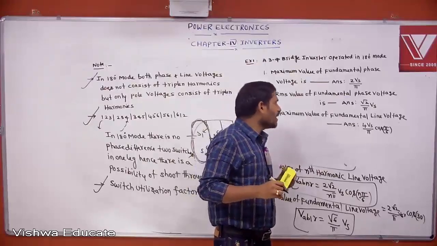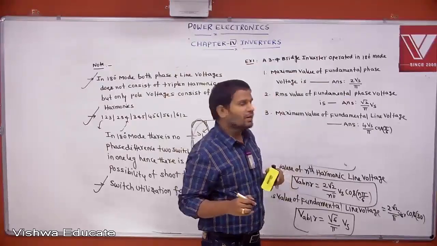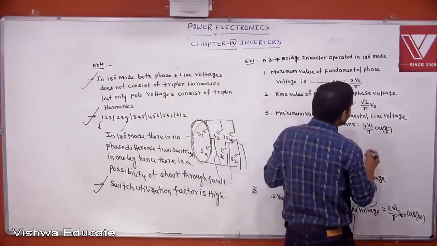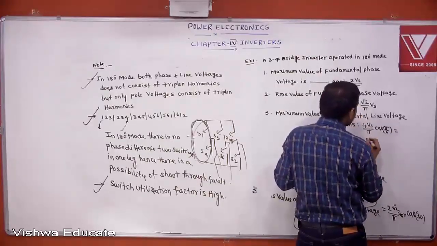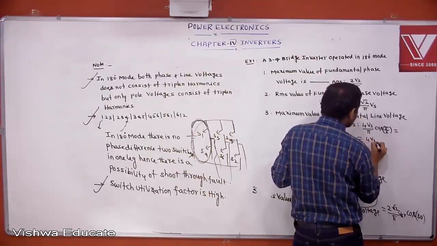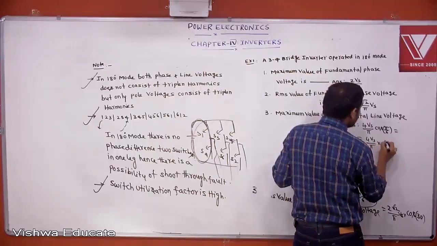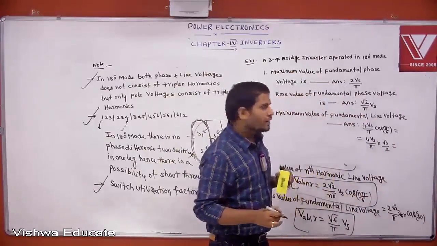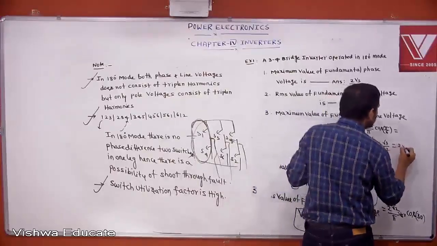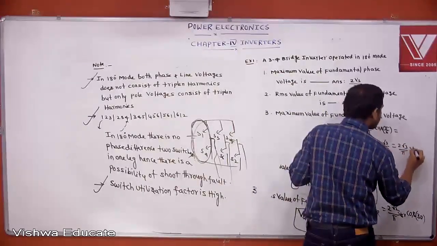So 4 Vs by pi cos pi by 6. Cos 30 is root 3 by 2. Then 4 Vs by pi into root 3 by 2, which we can write as 2 root 3 by pi Vs.